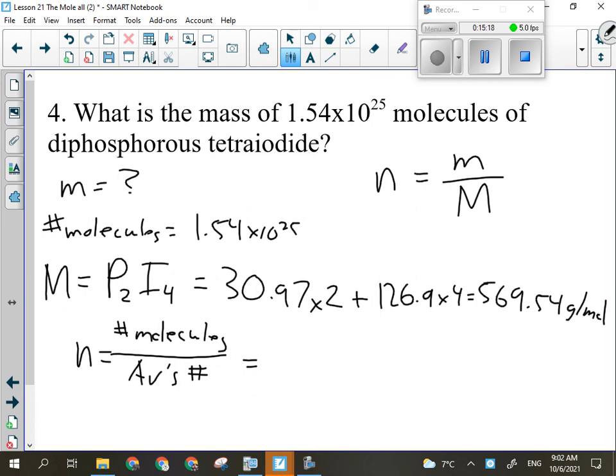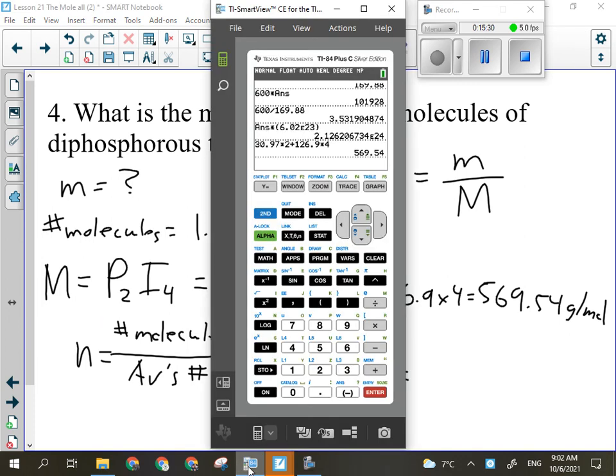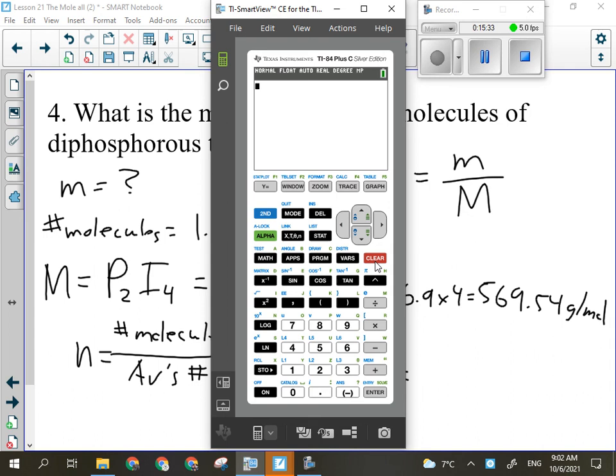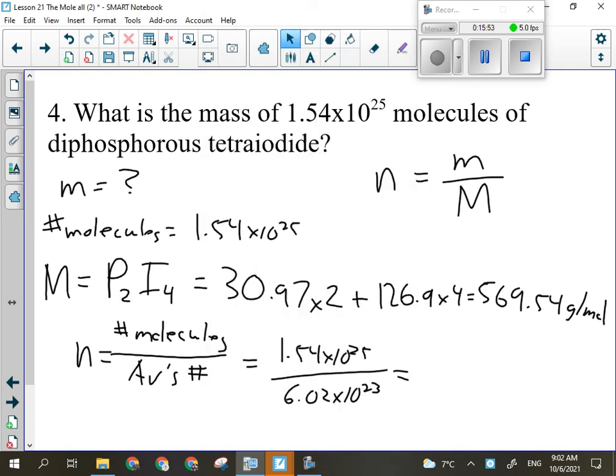All right, so number of molecules is 1.54 times 10 to the 25 divided by Avogadro's number, 6.02 times 10 to the 23. All right, so in my calculator, that's going to look like this. In brackets, 1.54 E 25 divided by, in brackets, 6.02 E 23. So I have 25.58 moles.